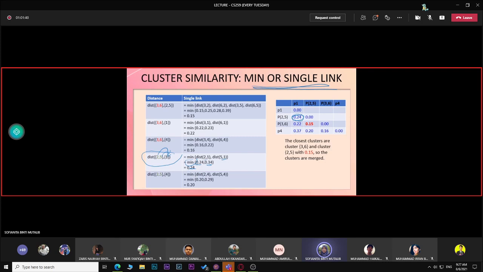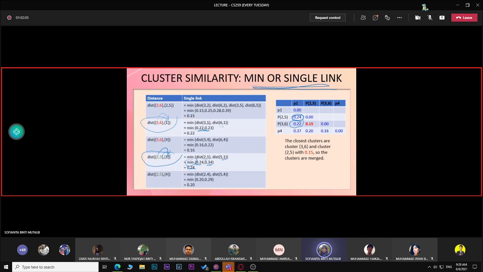Okay. Next, what we need to get is cluster 3, 6 and object 1, which is here. So how do we get the distance of these two, 3, 1 and 6, 1? What will be the minimum of distance 3, 1 and 6, 1? Again, how do you get this?